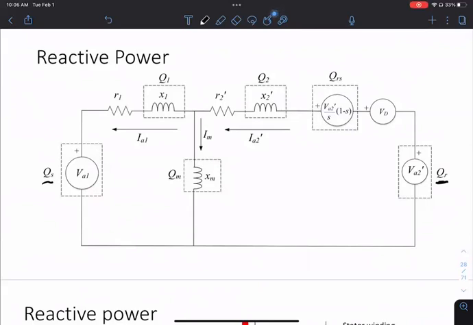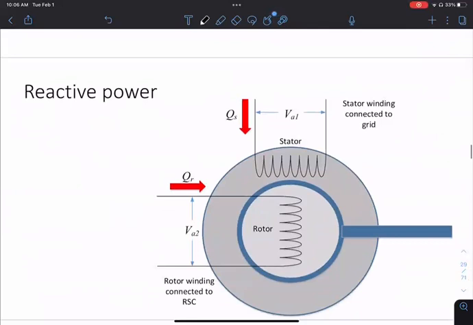But now we give another source for the grid to supply reactive power. Okay? And hopefully you can set up an angle difference, so this will also give you some reactive power support. Okay. So you look at the diagram: you have two flows of reactive power, from the stator and from the injected part. And you're trying to balance out all the reactances inside the rotor and inside the stator.